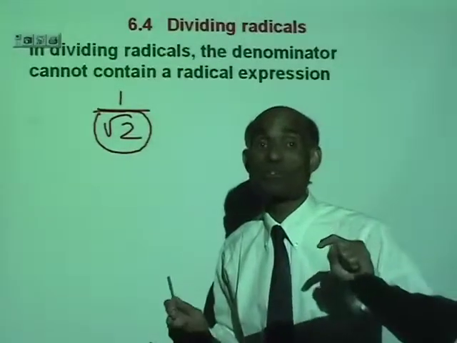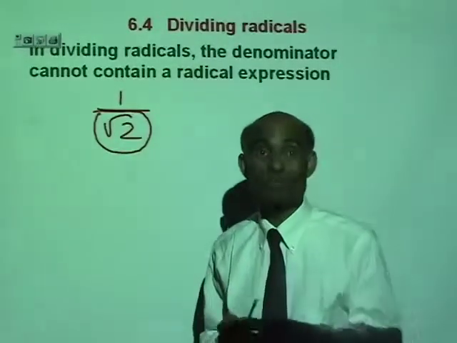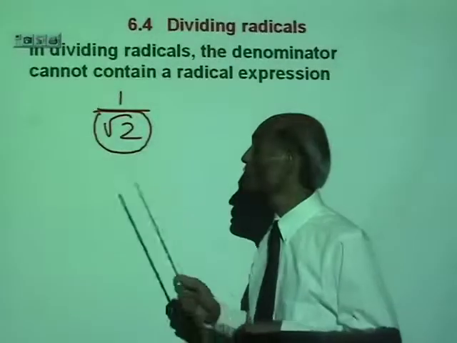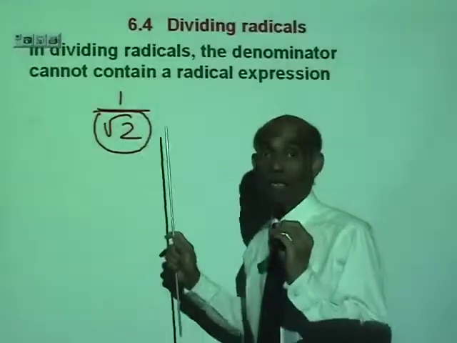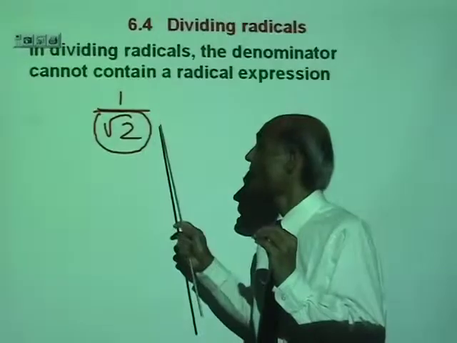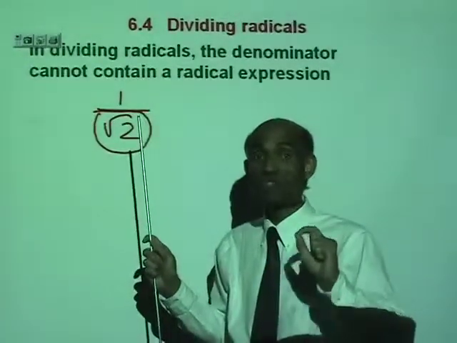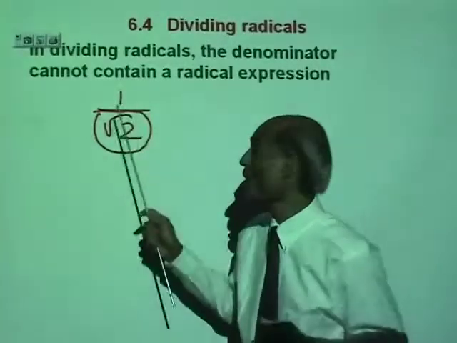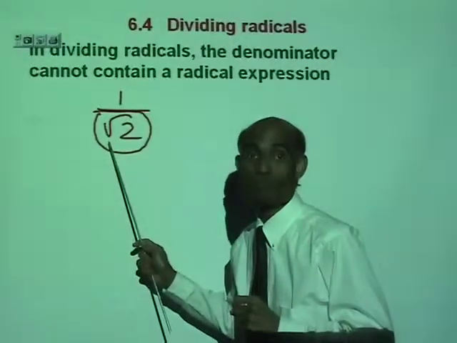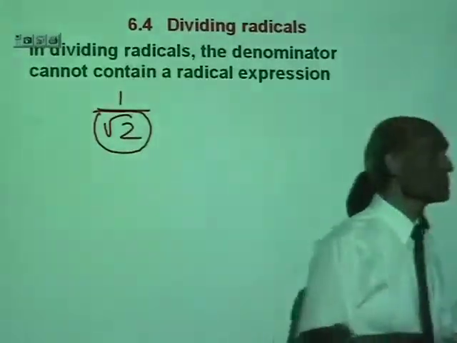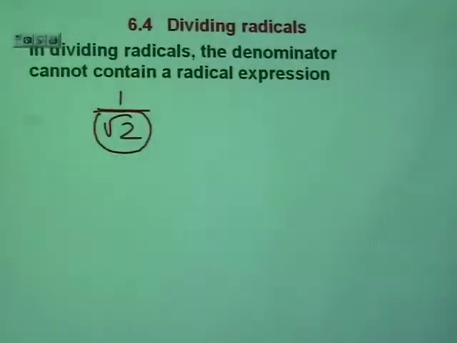We're going to practice one of the basic principles in algebra, and that is you can multiply the numerator and denominator by the same number without changing the value of the number. Is that right? Now, also you should know that square root of 2 multiplied by square root of 2 equals 2.